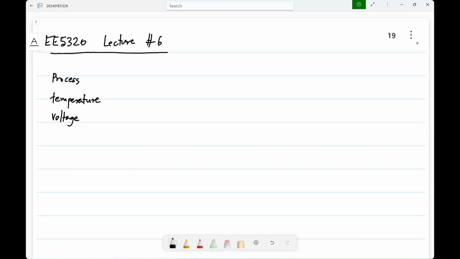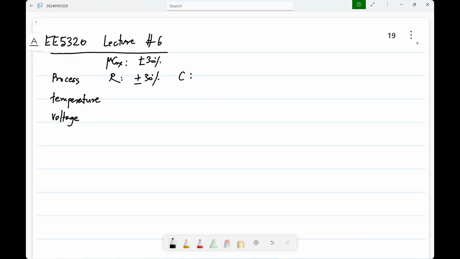So these process variations, again, it entirely depends on the process, but typically resistance variations could be as high as plus minus 30%. The same goes for the current factor of the MOS transistor and so on. Okay, it could be even higher.